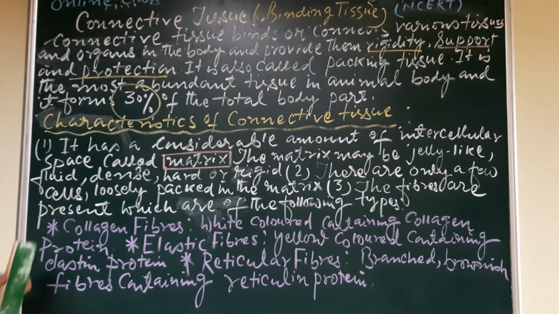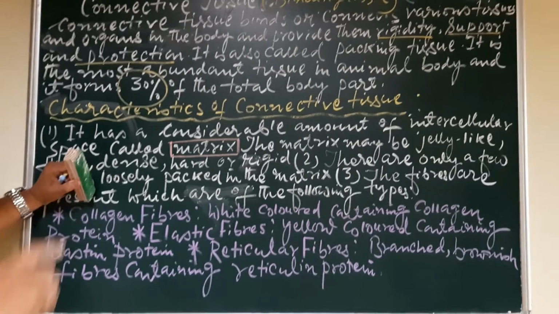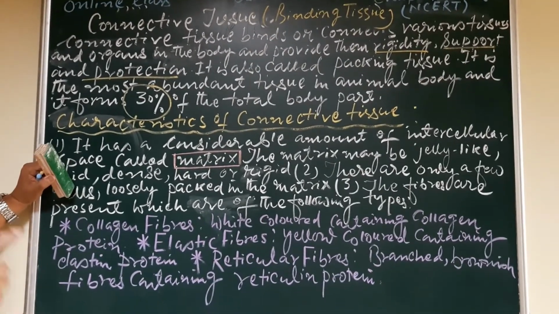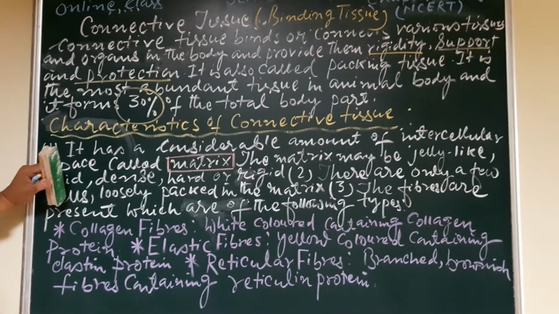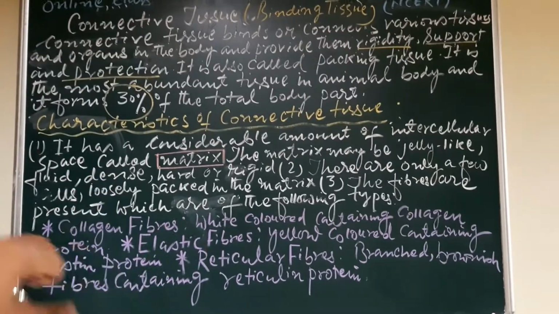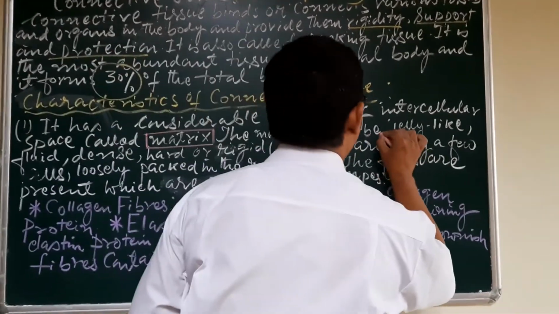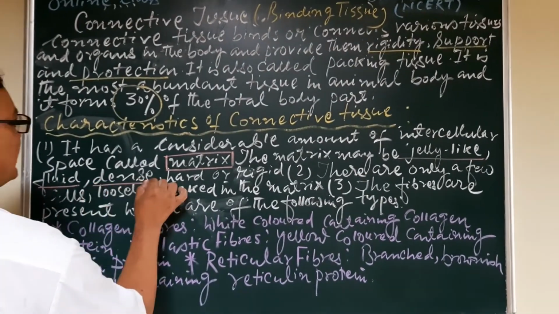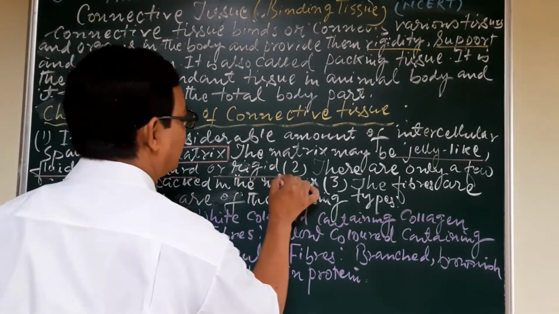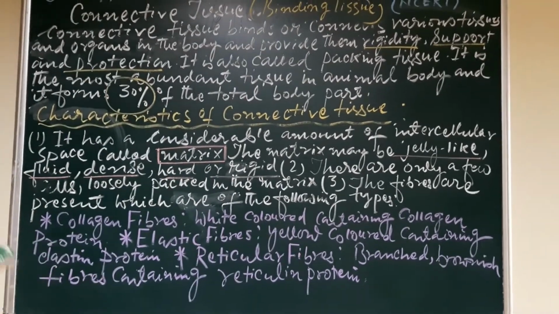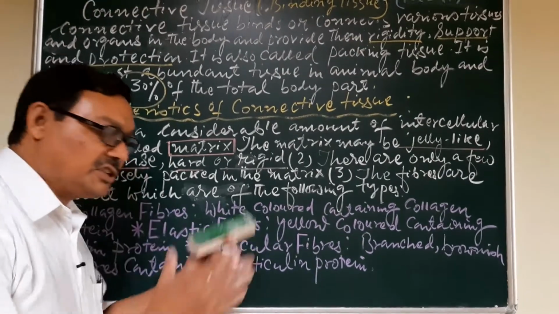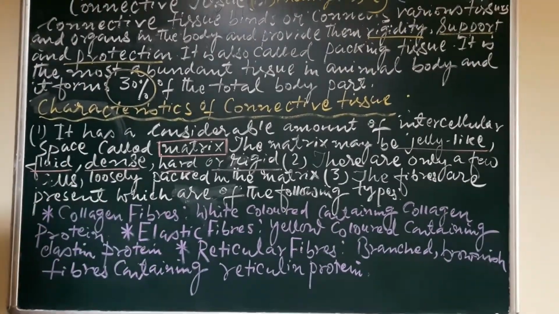They may be fluid, solid, non-rigid, or flexible, and that is why their matrices are also different. They may be jelly-like, fluid, dense, hard or rigid. You will see all these categories when we study the types of connective tissue.